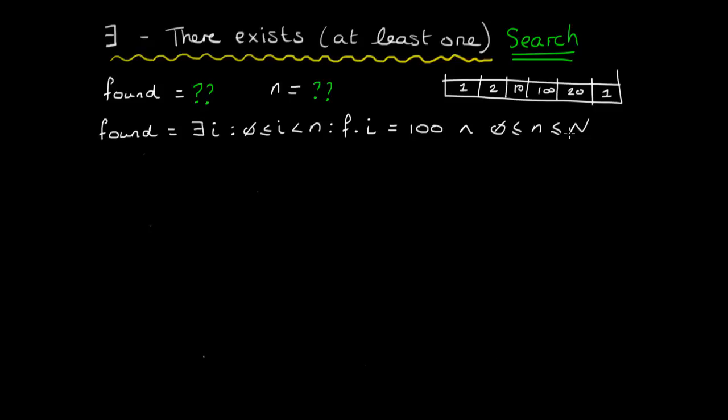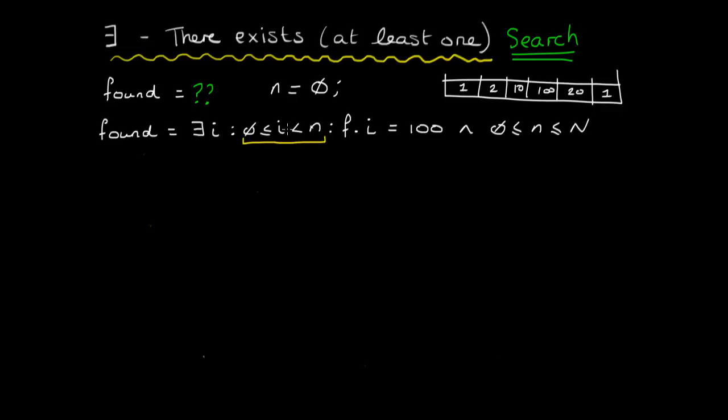And of course we have the other bit of our invariant here where we give n a range. So again, we're searching the array, so it makes sense to search the array from the beginning of the array. So the normal kind of course of events would take place here where we initialize I to 0. And if we do that, of course we get the usual thing happening here. We get an empty range, because I cannot be greater than or equal to 0 and less than 0 at the same time.